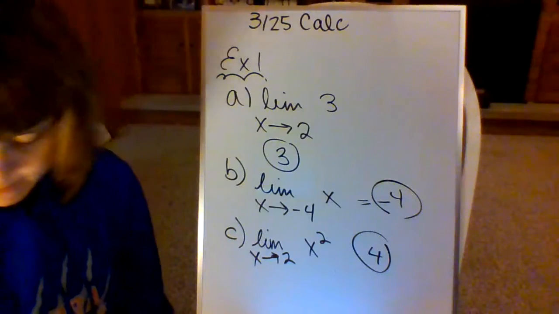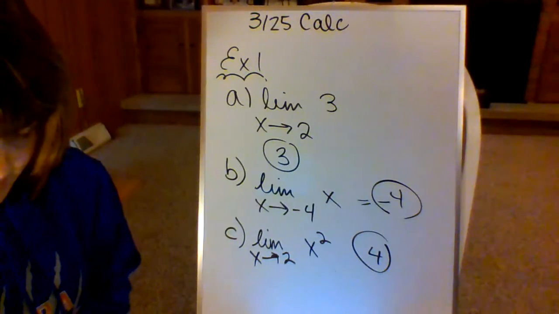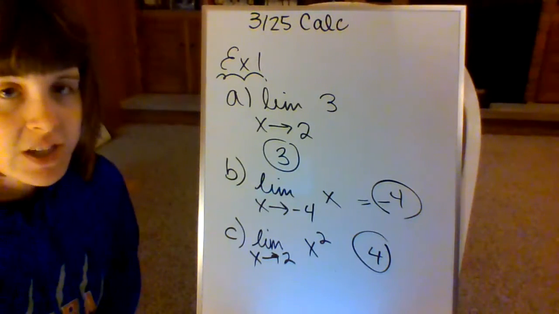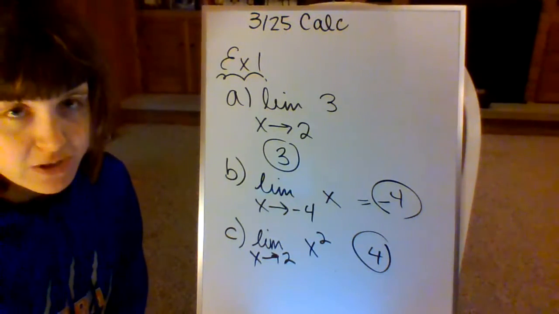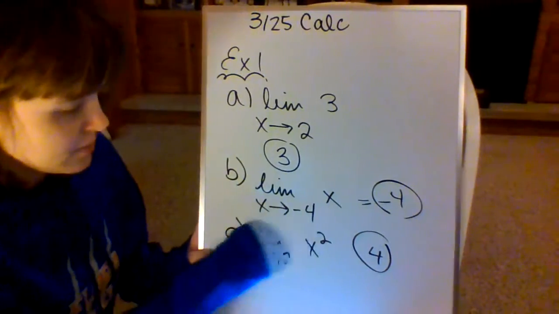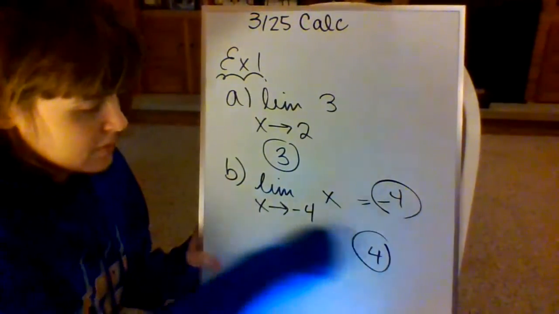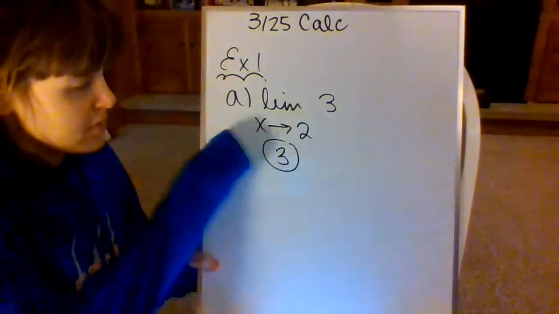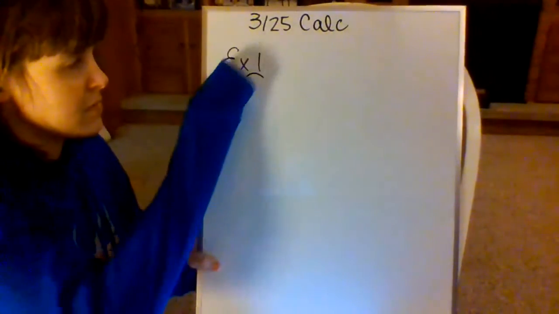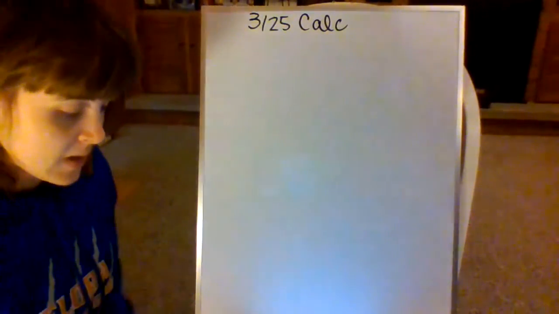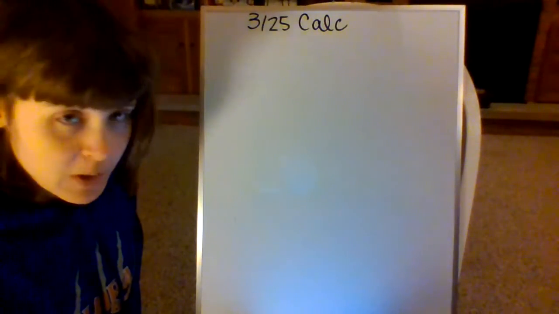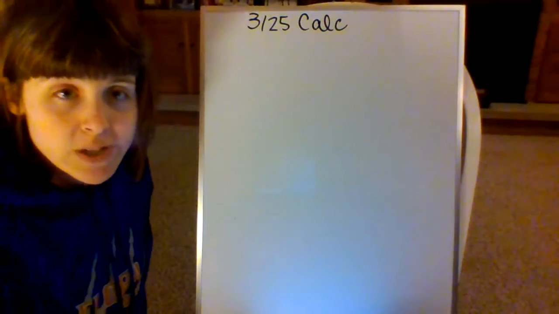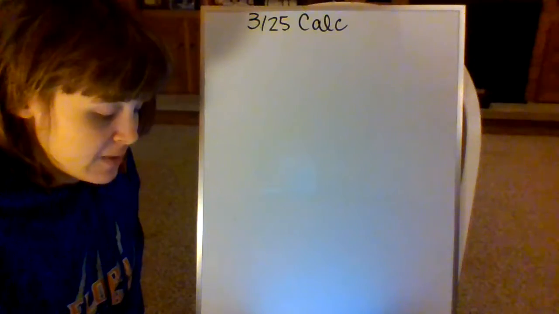Now we're going to look at some basic limit properties, but we're still going to use the idea of direct substitution. If you want, you're very welcome to read that box that says Theorem 1-2, Basic Limit Properties. I'm just going to demonstrate how those work on example 2.